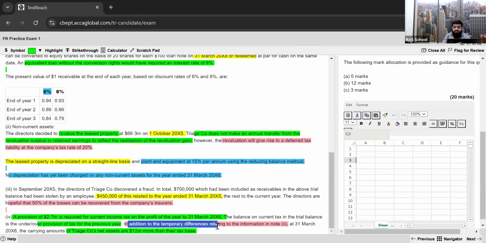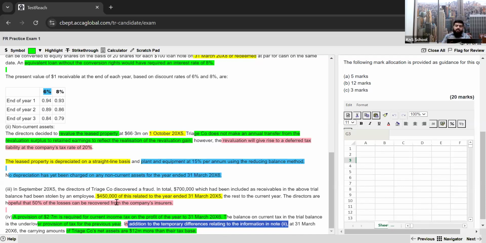In addition to the temporary difference stated in note 2, it means that this taxable temporary difference is in addition to note 2, which means there are two. Number one, the taxable temporary difference because of revaluation, and the other taxable temporary difference is 12 million. Exactly. Very good, Fatma.